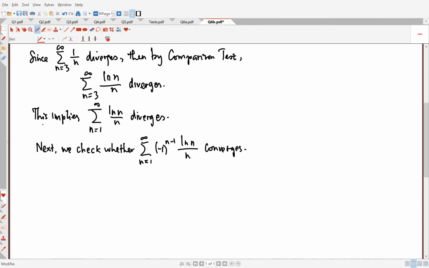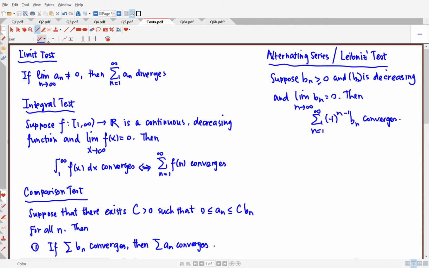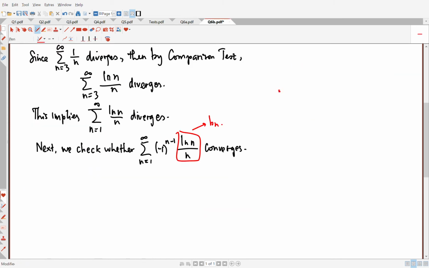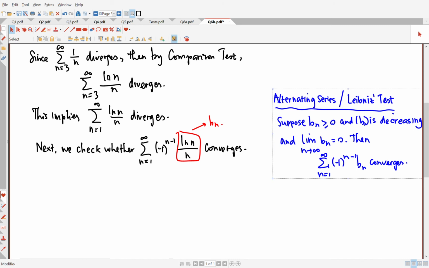So we need to apply Leibniz test. So to apply Leibniz test, we need to check whether, let's say this is Bn. Okay, I have the test here. Okay, we will apply this test.